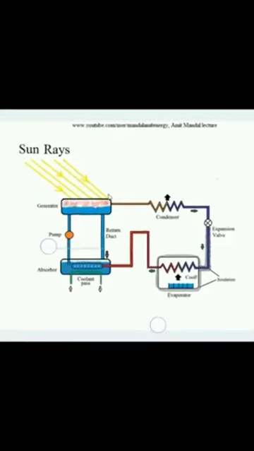We use concentrators, different types of which we studied in previous lectures, to make the sun rays strike the generator, where high pressure ammonia gets separated from the aqua ammonia solution due to the heating, and the remaining cycle is completed as required. So we are utilizing the sun rays by concentrating them over the generator to heat up the aqua ammonia solution.